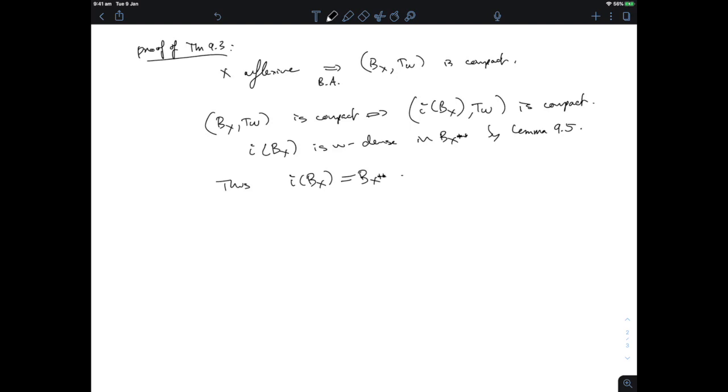But now the map I is linear, so you could scale all of that. And so for every r positive, I of r bx is r of bx double star. But now that means that any element in x double star will be the image of an element in x through the map I, and therefore the map I is surjective.